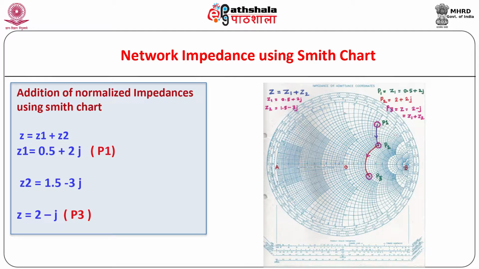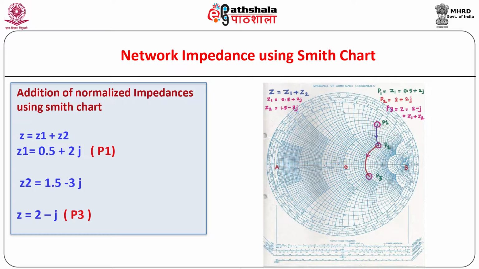Then from point P2, move vertically through a distance of minus 3j along R is equal to 2 circle to reach the point P3 on x is equal to 2j plus minus 3j, that is minus j circle.